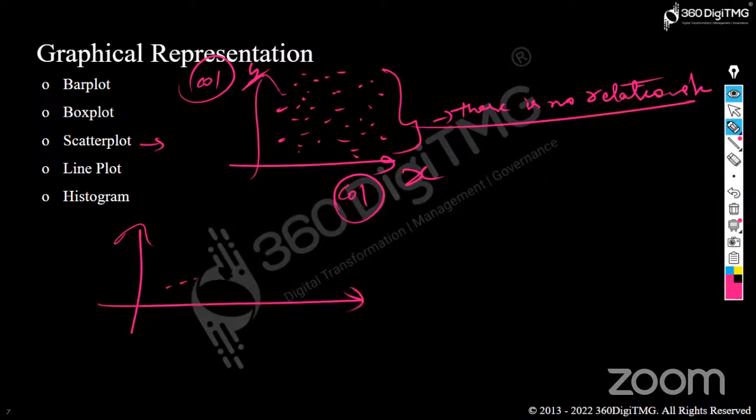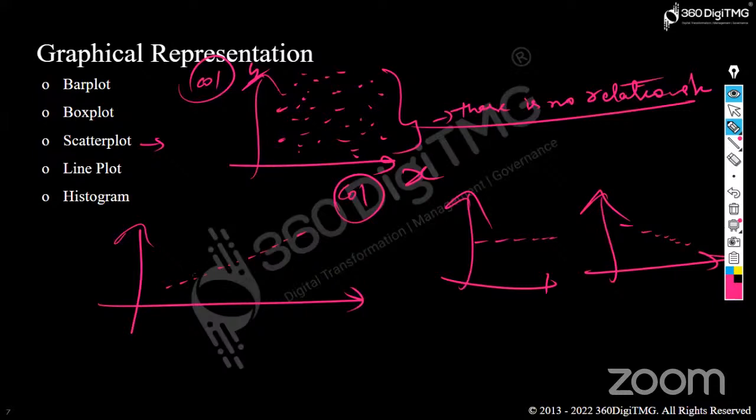Let's say for example, I have the points like this. Can you see that when I increase the X value, you are also getting an increase in the Y value. So there is a relation between X and Y. Here also, when I keep on increasing the X value, Y value remains constant. That is also one relation.